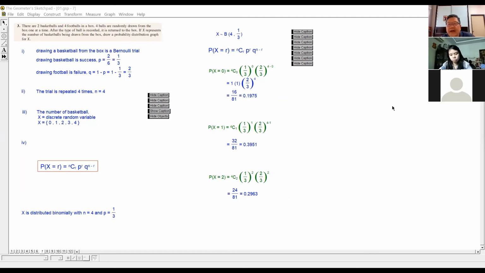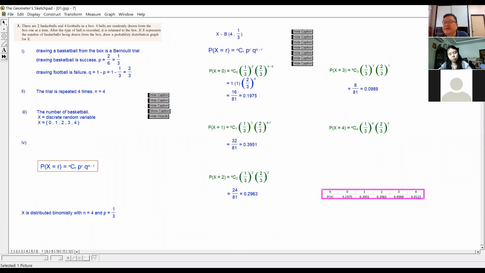So that is how you do this probability distribution. So for x equal to 3, the answer is 8 over 81. Last one, 4 choose 4, 1/3 to the power 4, 2/3 to the power of 4 minus 4. So you get 0 here, and the answer is 1 over 81.